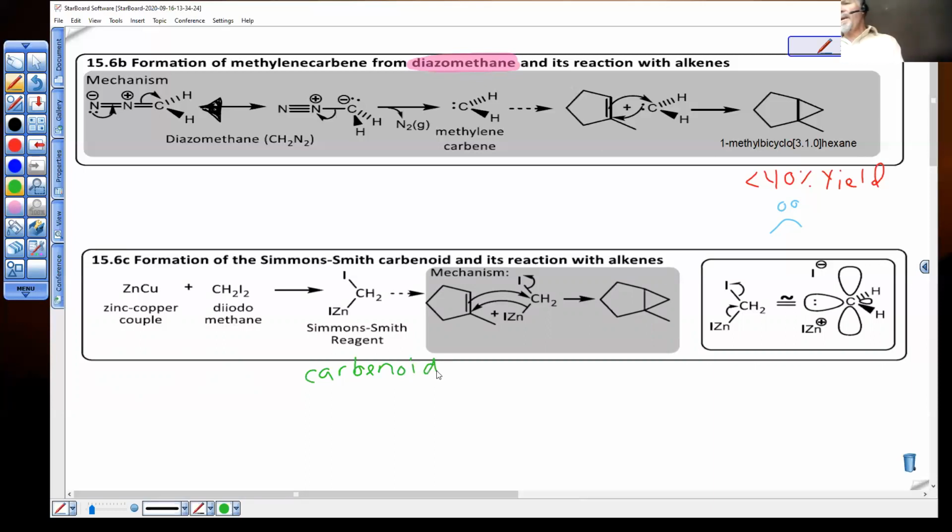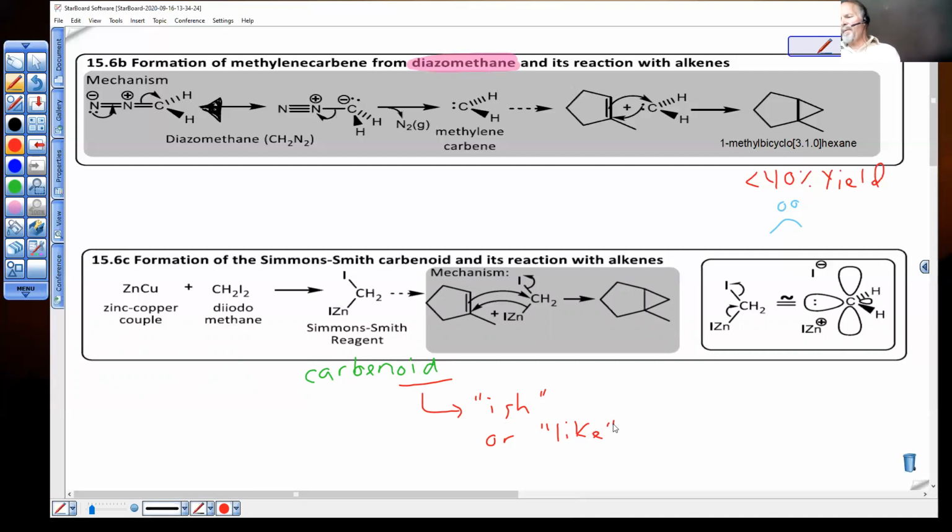Carbenoid. Oid is the same as saying ish or like. So it behaves like a carbene, even though it's not a carbene.